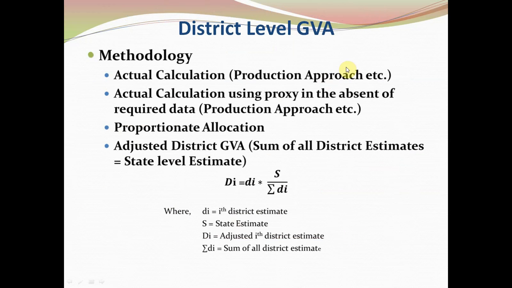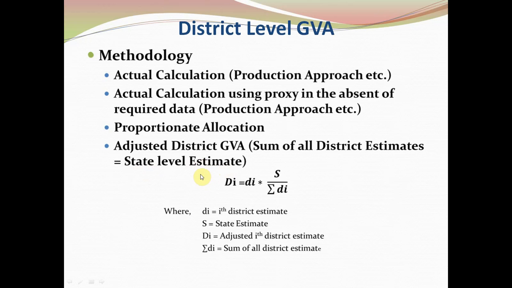Now district level GVA, how can we calculate this? For methodology, actual calculation is taken by using production approach, etc. Actual calculation using proxy in the absence of required data, that is production approach, etc. Then proportionate allocation is considered, and adjusted district GVA, which is the sum of all district estimates, is equal to state level estimate.